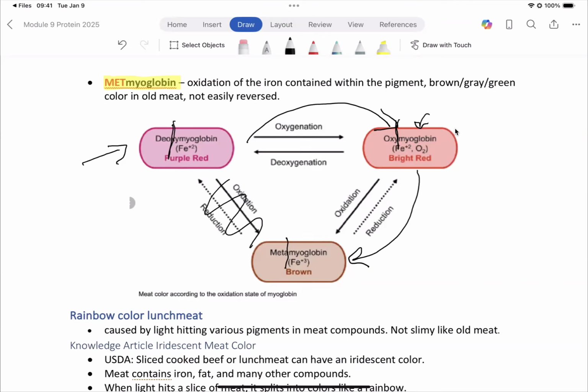Not very often, right? I'm not sure why they show that. I don't think that happens very often. Question? All right, so you can think about deoxy, no oxygen, purple. Oxy, oxygen, red. Other one, brown.